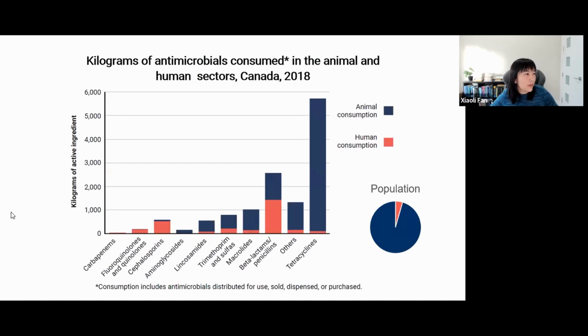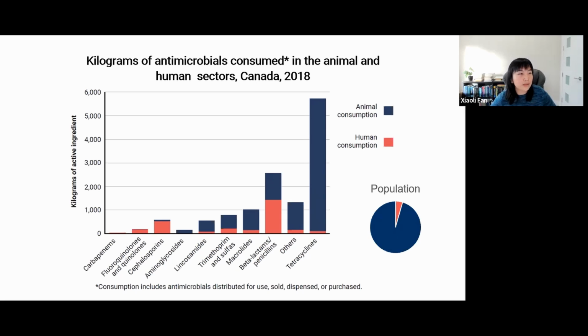I also have this figure from the Canadian Antimicrobial Resistance Surveillance System report. Unfortunately, I only have 2018 data. They haven't released 2019 and not even 2020 data, so this is kind of outdated. You can tell here that especially tetracyclines are mostly used in animals.